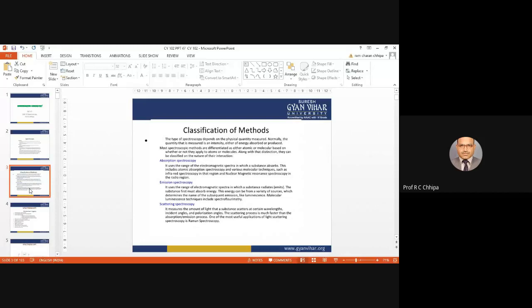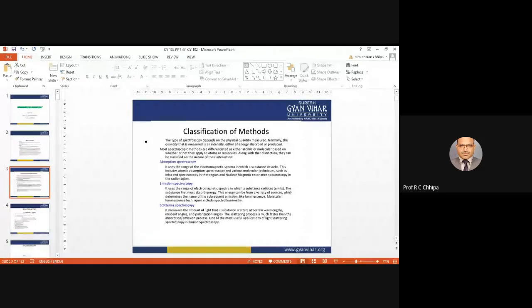All of you are well known about the name of one of the Nobel laureates from India in physics. Give the name. Nobel Prize winner in physics from India. C.V. Raman. Very good.